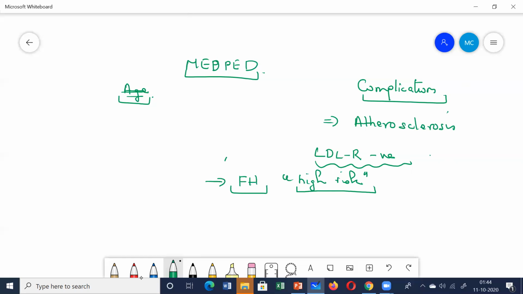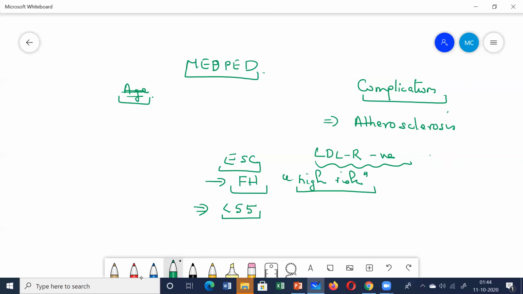According to the ESC, European Society of Cardiology, if the patient has familial hypercholesterolemia plus some other risk factor also, you lower it to less than 55.